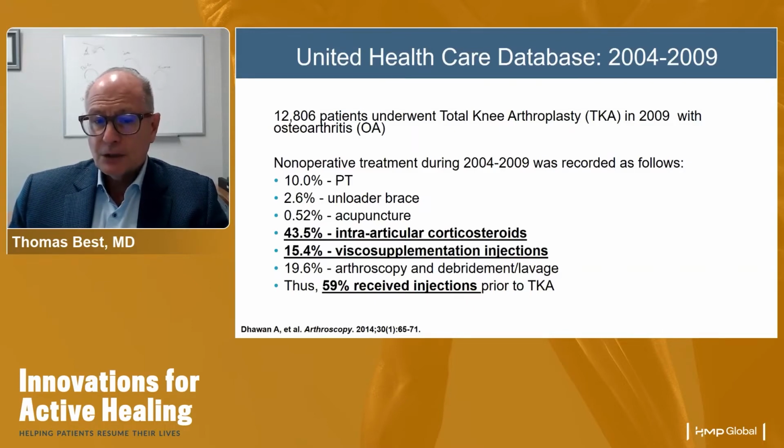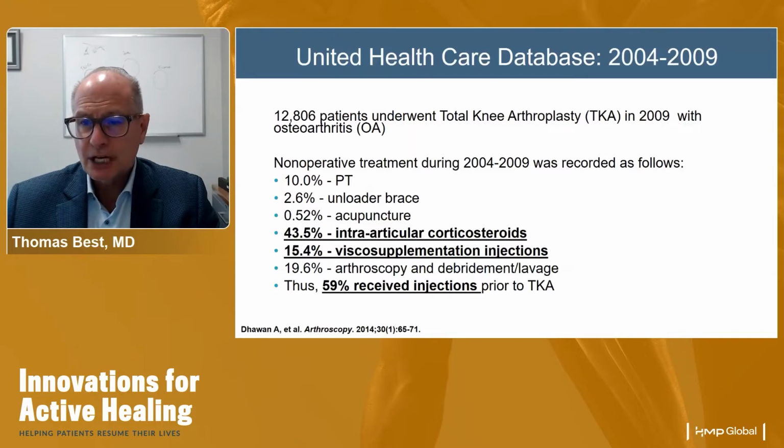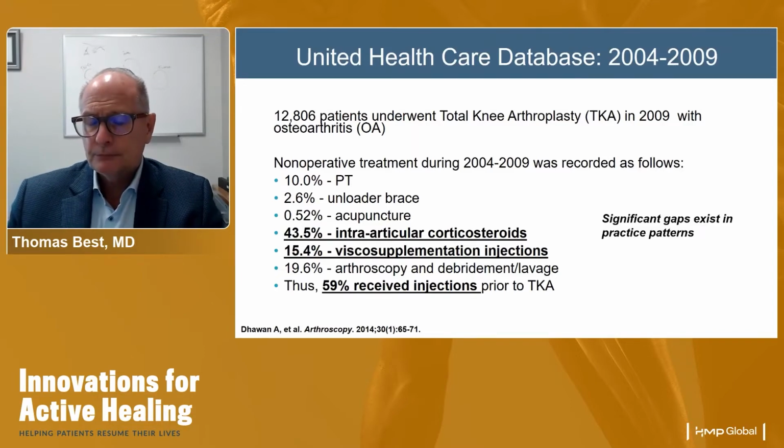And finally, as you can see, roughly 20% underwent arthroscopy and debridement lavage. Now, interestingly, when you look closer at the patients who received these injections, again, 60% of these patients received injections, and approximately 75% of those patients actually received injections within a year prior to their total knee arthroplasty.